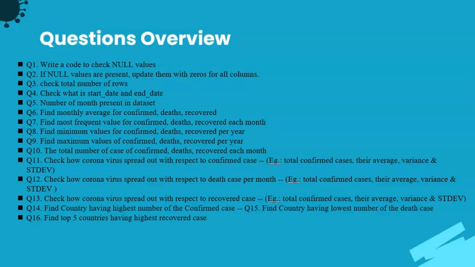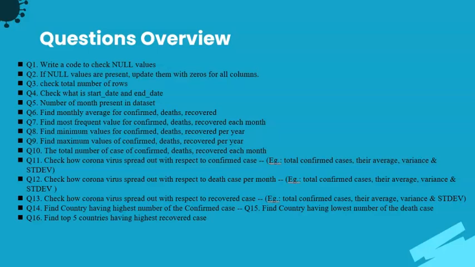Check the total number of rows, check the starting date and ending date of the dataset, then the total number of months present in the dataset, then the monthly average of confirmed, death and recovered values, then the most frequent values for the confirmed, death and recovered in each month, and the minimum values for the confirmed, death and recovered per year, also the maximum values for the same, and the total number of cases of confirmed, death and recovered in each month.